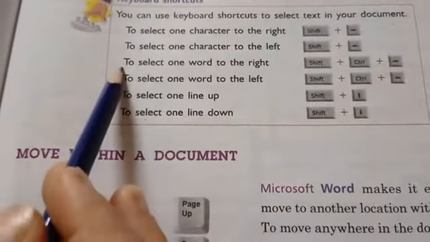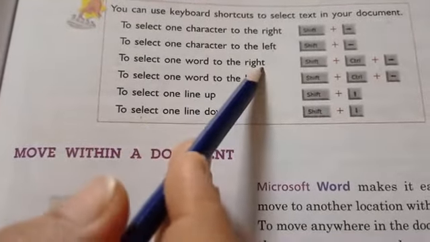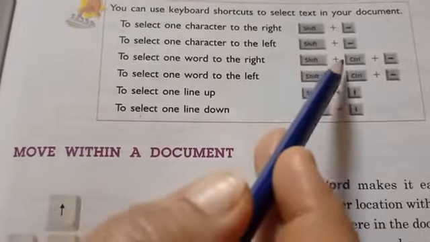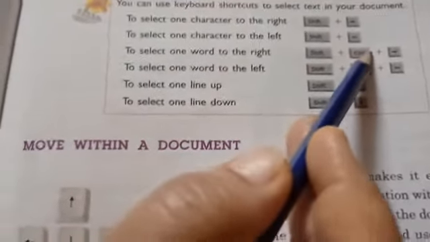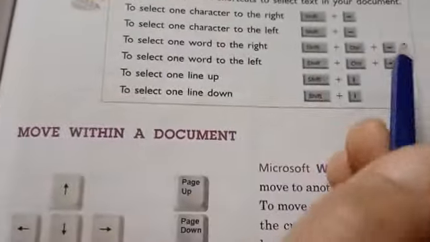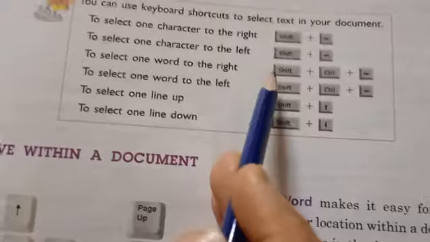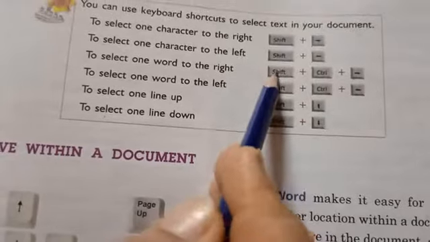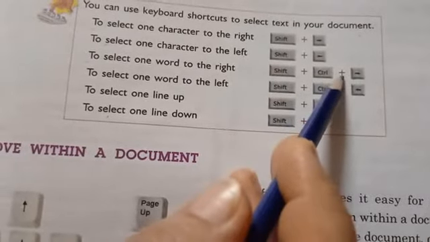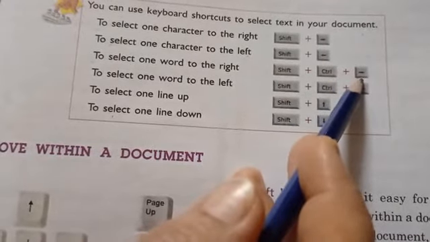To select one word to the right, Shift key plus Control key plus right cursor key.